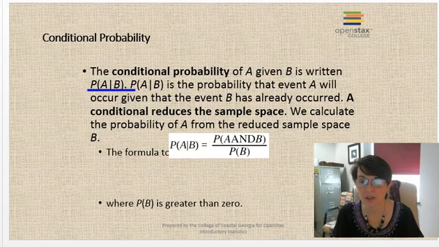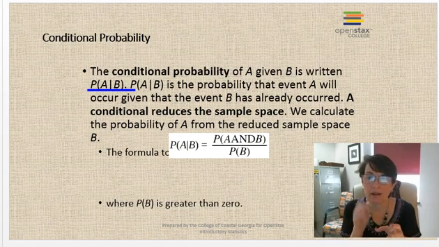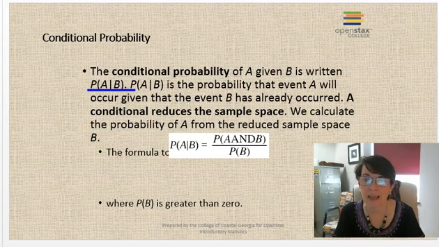It is a conditional probability, and it reduces that sample space again because we've already done B. So whatever results we get from B, that's what I'm drawing on for the event A. And so therefore, the calculation is from this formula that you can see there. Of course, the probability of B has to be greater than 0 and not equal to 0, or this equation does not work because we cannot divide by 0.